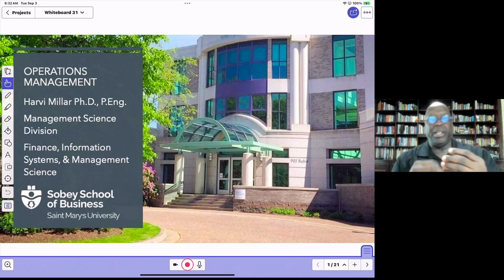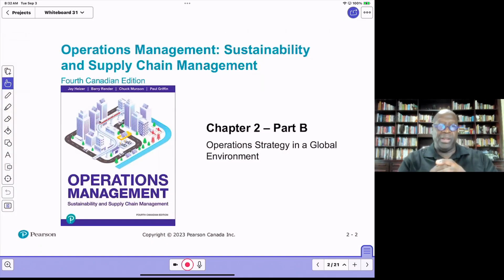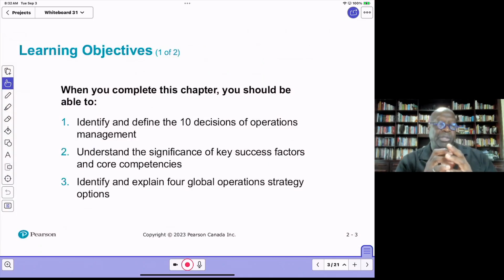If it decides that it wants to focus on cost, then the operation system must also respond. And then, of course, if it's going to focus on response, then the operations architecture has to conform. All right? So we're going to try to understand a bit better the role that the operations infrastructure plays in supporting the corporate strategy.